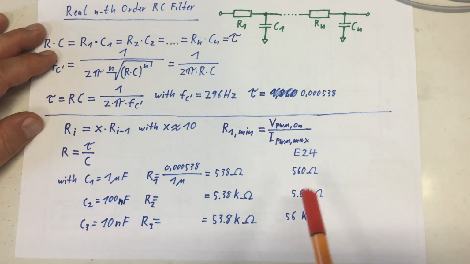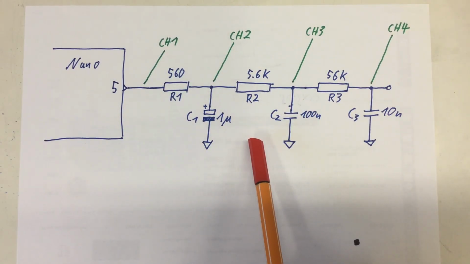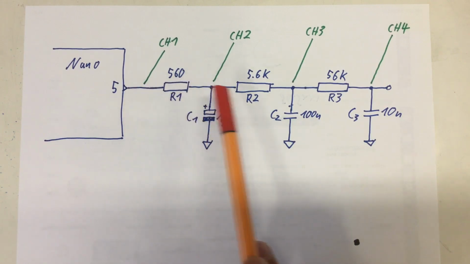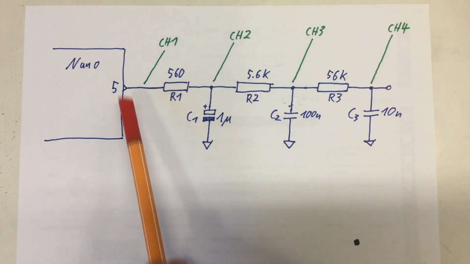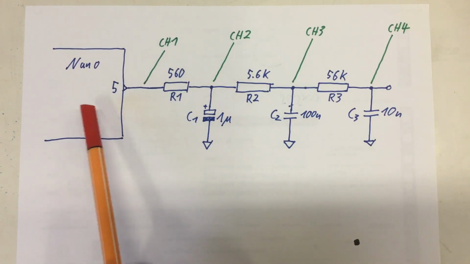And now let's have a look at the schematic. And that's all what's on the breadboard today: the third order RC low pass filter we just designed, connected to pin 5 of my Nano.